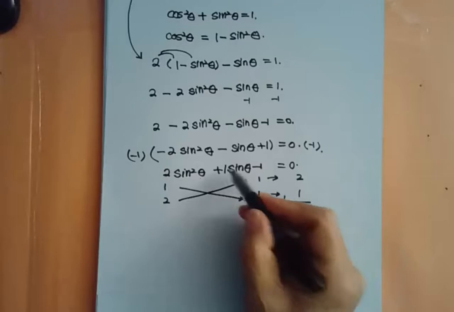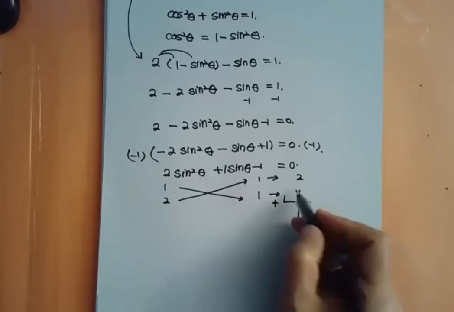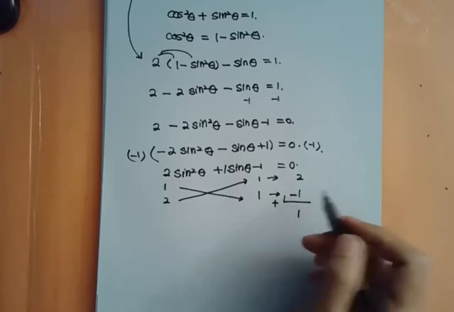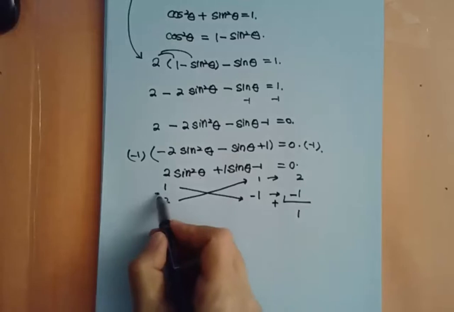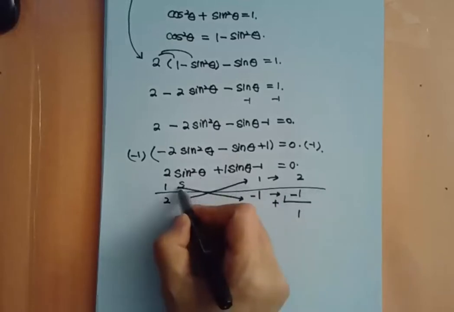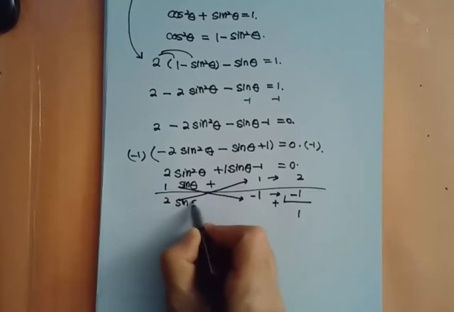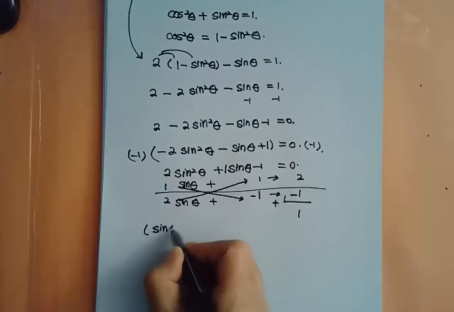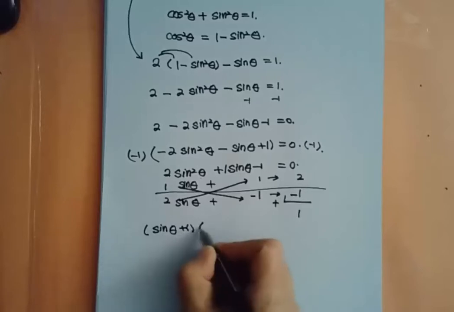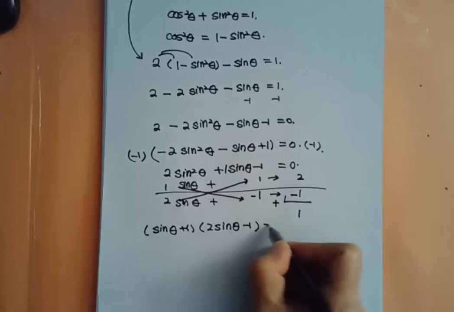This time, the number 1 must be the positive one, so we put the minus on the second one, the smaller one. And then factoring goes like this: sine theta plus 1 times 2 sine theta minus 1 equals 0.